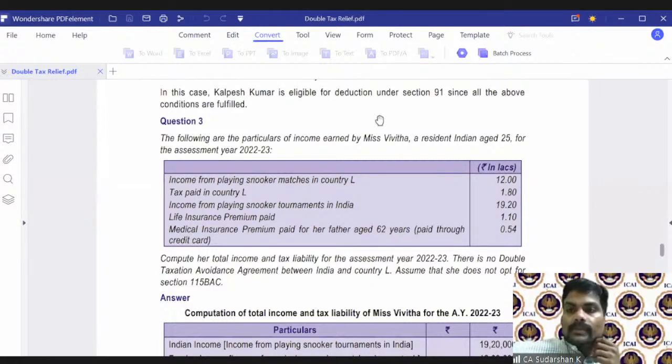The only thing you need to be mindful of here is the medical insurance premium paid. So these are Chapter 6A. If you recollect ATD, the maximum allowed is 50,000.